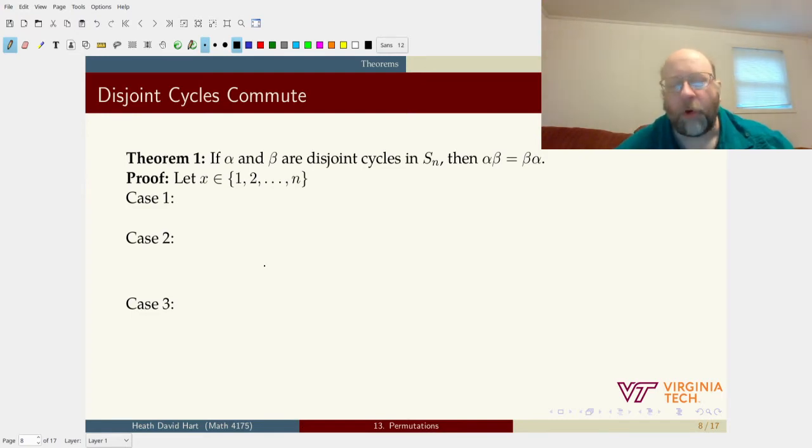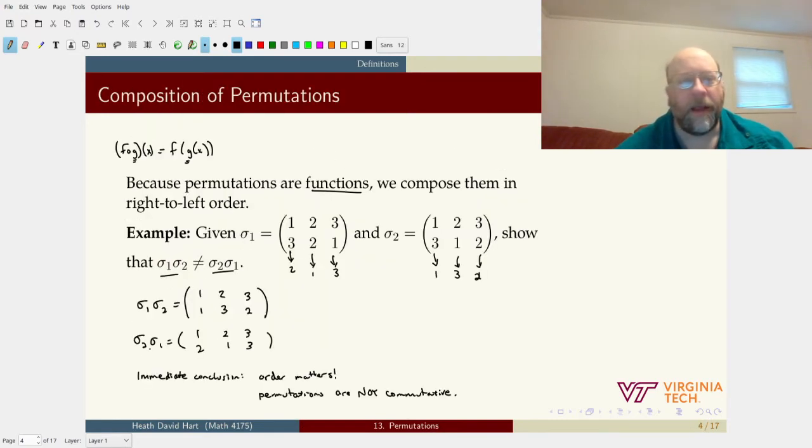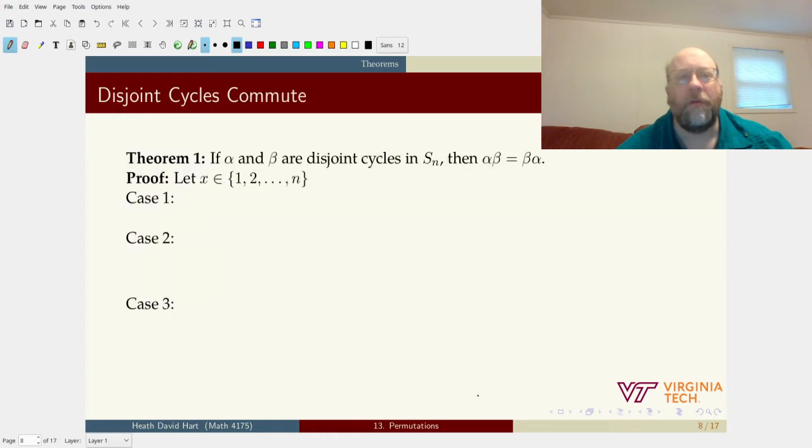And earlier we said that order matters because permutations are not commutative. We have a special theorem here. If we have disjoint cycles, they do commute. Okay? So this is a special exception.